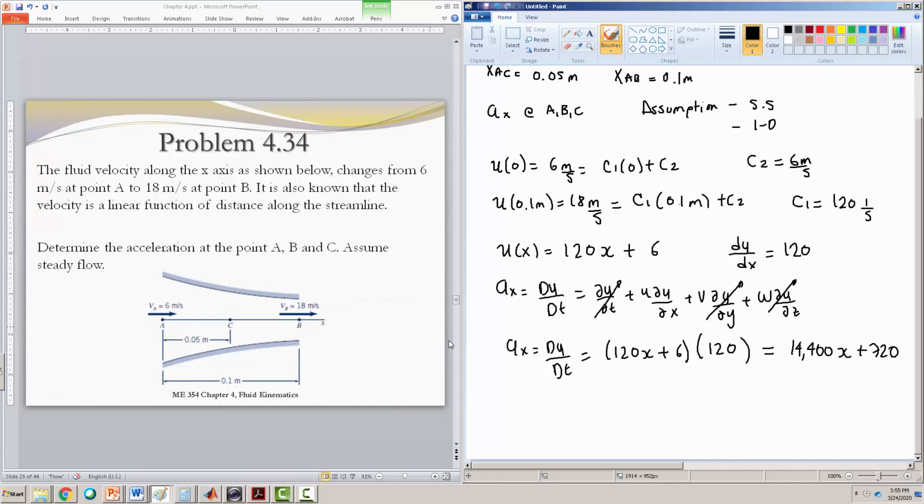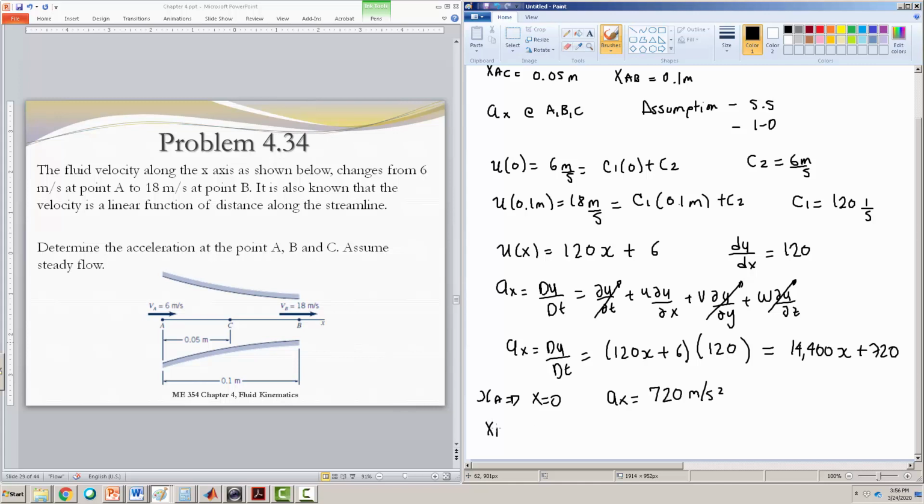So at point A, x is equal to 0. We substitute x equal to 0 in the acceleration, and it gives us 720 meters per second squared.